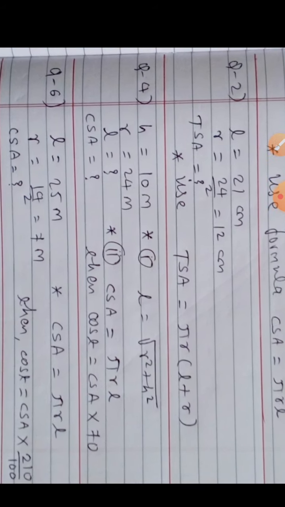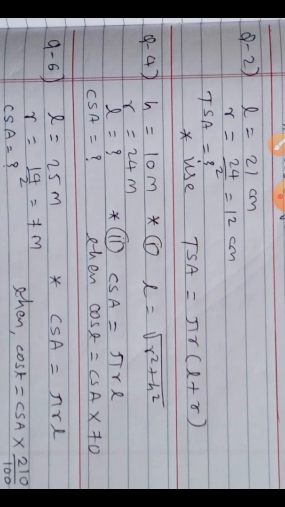So in question number 4, H is given directly 10, R given directly 24. So in the first part, by Pythagoras formula, you have to find slant height. After finding slant height, you have to find CSA. Why? Because a cap or tent is being prepared. After finding CSA, just multiply by 70.